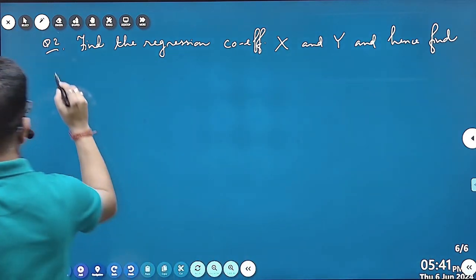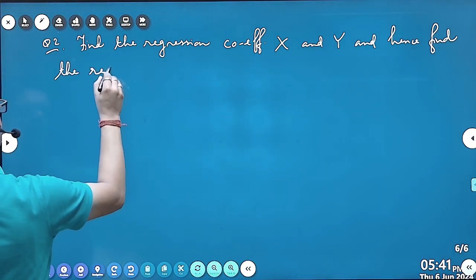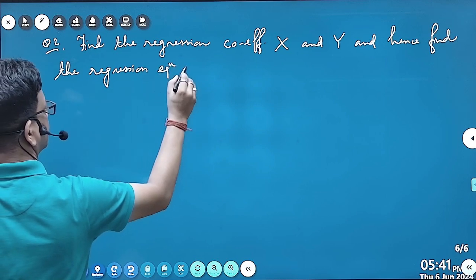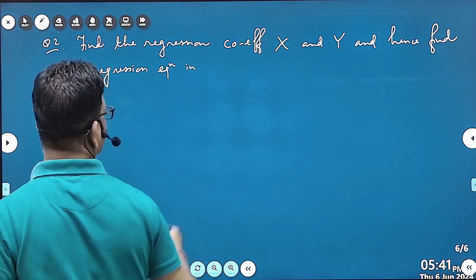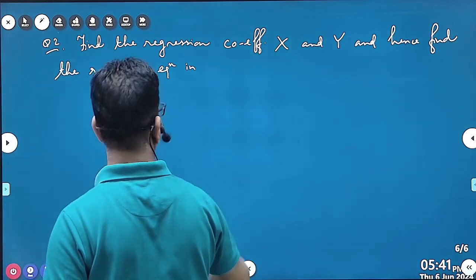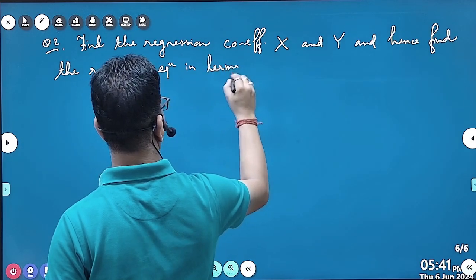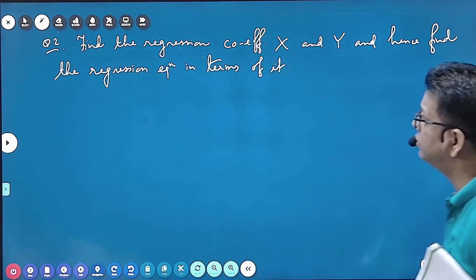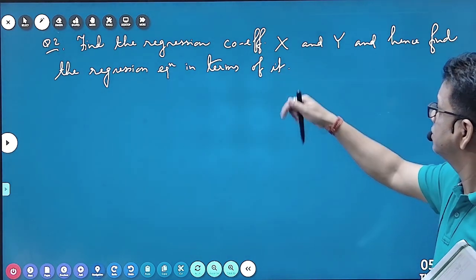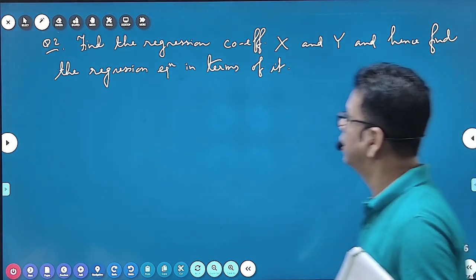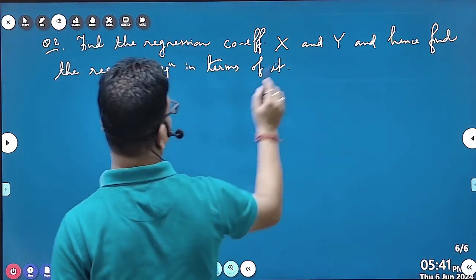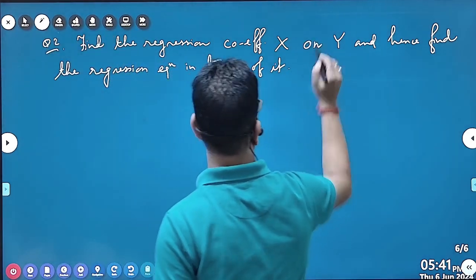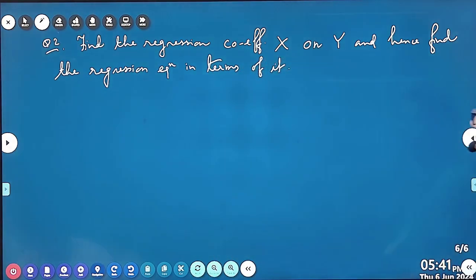Find the regression coefficient x on y, and hence find the regression equation in terms of it.